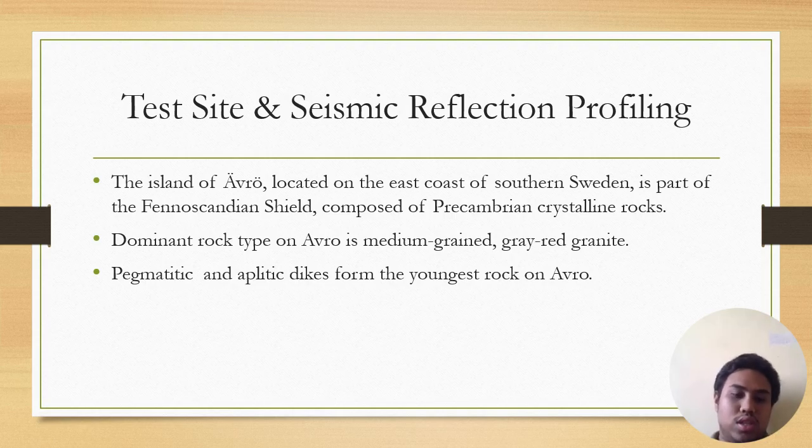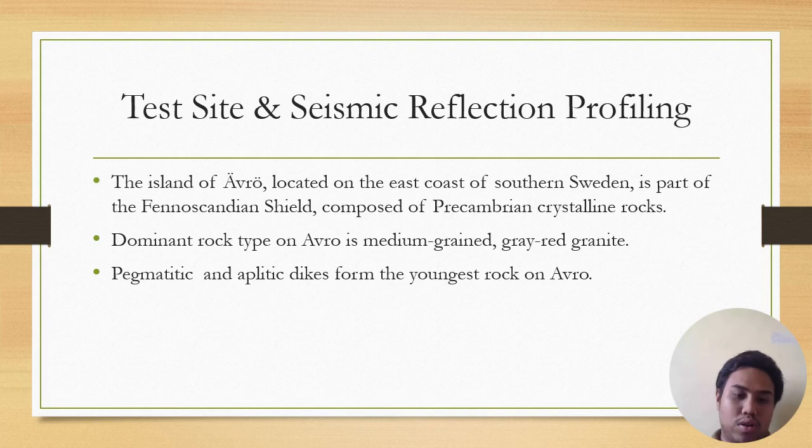So next, the introduction. The site that this paper focuses on is the island of Avro, which is located in the southeast region, part of the Fennoscandian Shield, which is mainly composed of Precambrian crystalline rock.